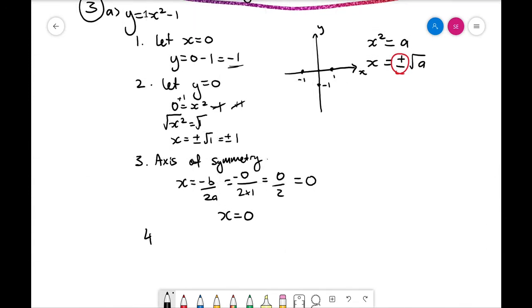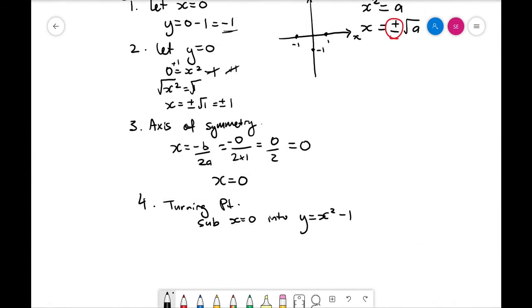And then to find the turning point, we sub x is equal to 0 into our quadratic equation, which is y equals x squared minus 1. So that'll give us y is equal to 0 minus 1, which is minus 1.